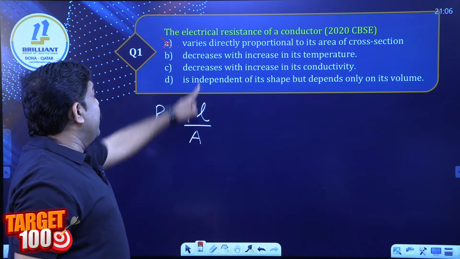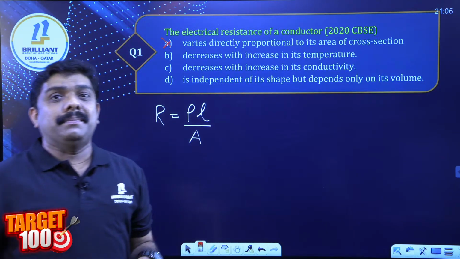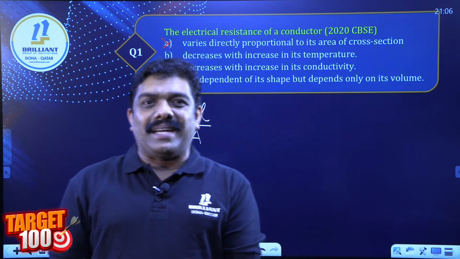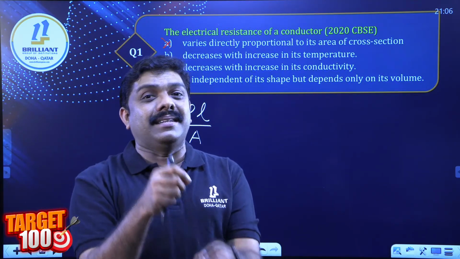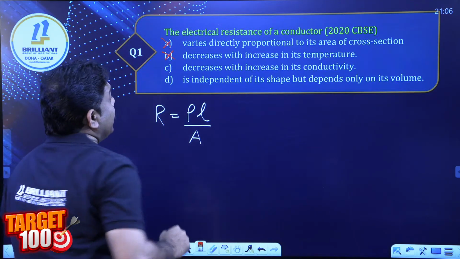And then the second option: decreases with increase in its temperature. That is wrong, because in the case of a conductor, the resistance increases with increase in temperature. So option B is also not correct.